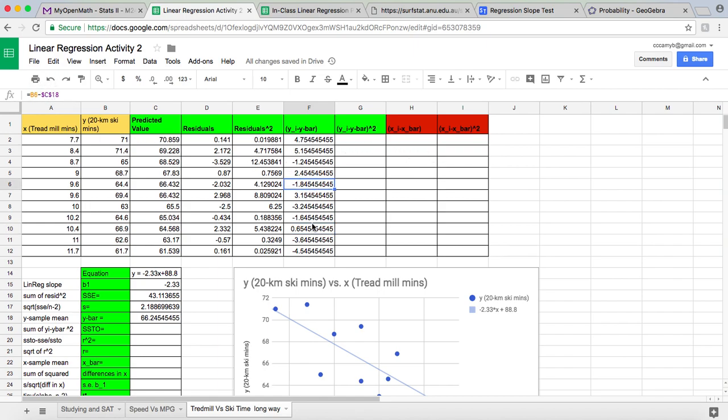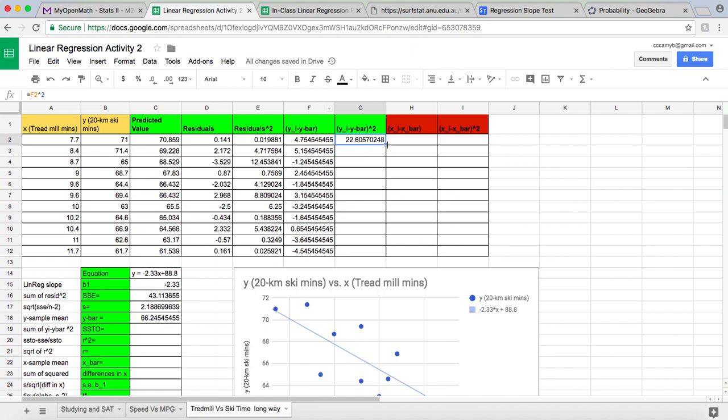Okay, now we're doing this to get the SSTO, which we need to get our R squared. So to do this, we're going to take this and square it. We're going to take each one of these and say equals this cell. Remember, it's shift 6 to get the caret squared.